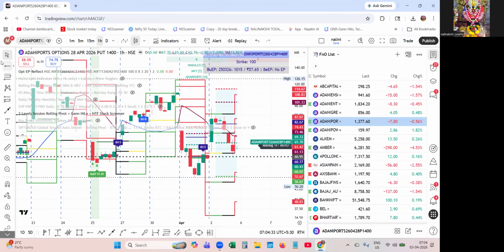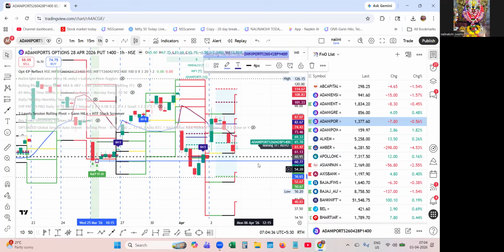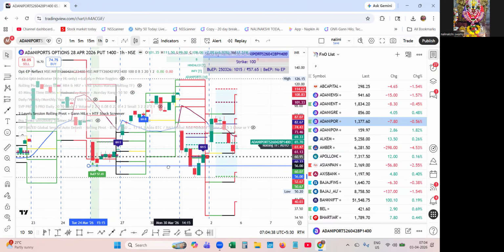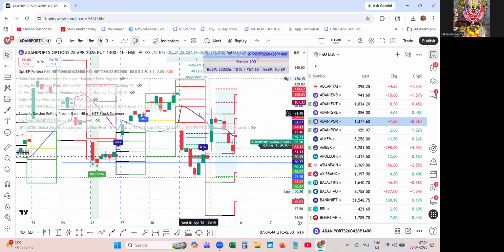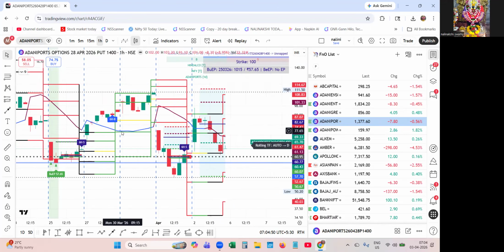So when the put option price starts crossing below 57 rupees 65 paise, the 1400 call option will start rising. So these are the reference points you can use and keep in your watch list.